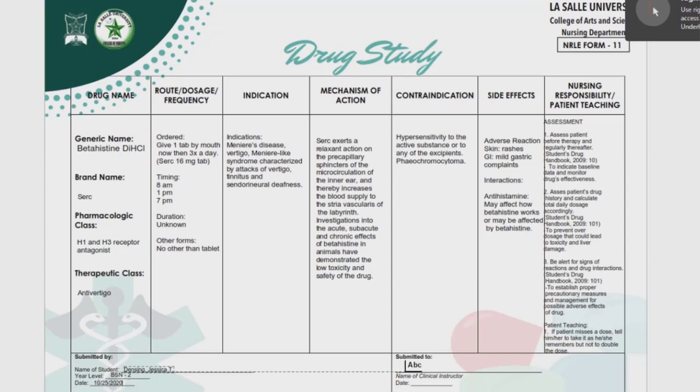So that's how we make our drug study. Naay copy sa drug study nga akong i-upload sa Canvas. Pwede ninyo siya gamiton.